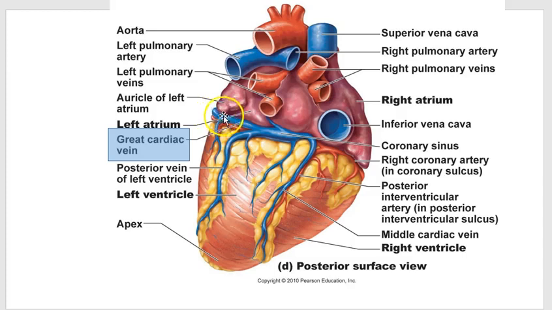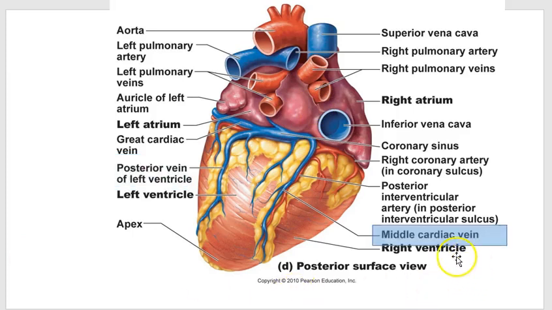And then you have your great cardiac vein up here, which is returning the blood to this coronary sinus, along with your posterior vein. This posterior vein is on the left ventricle and then comes back to the coronary sulcus to put the blood into that right atrium.